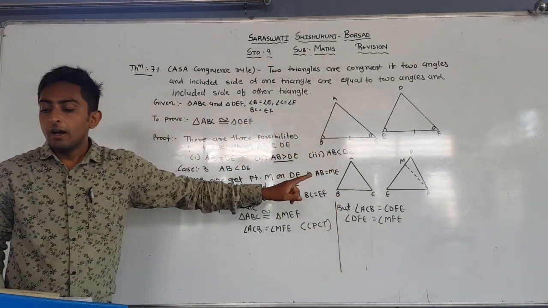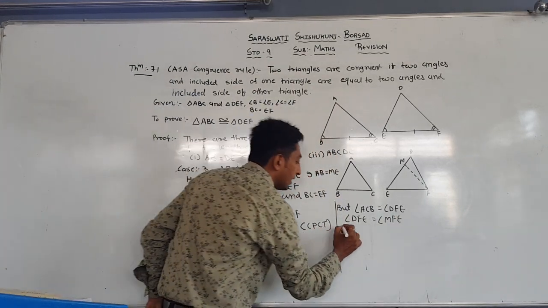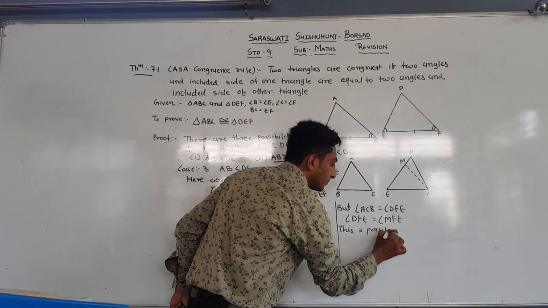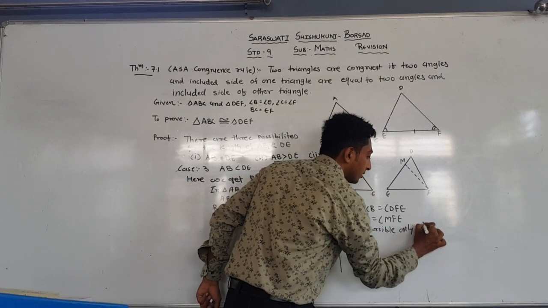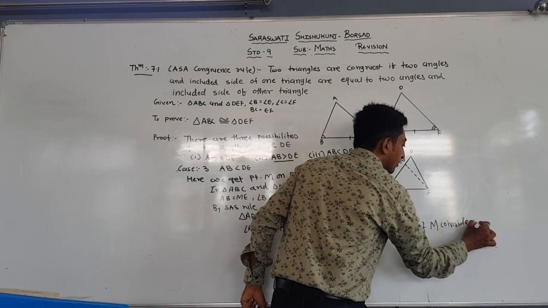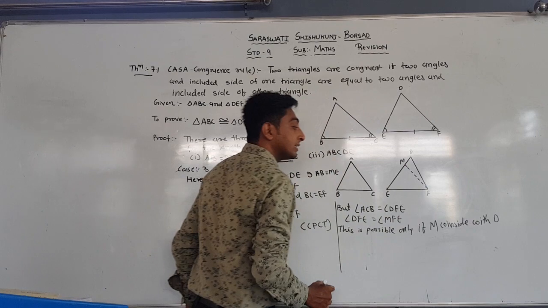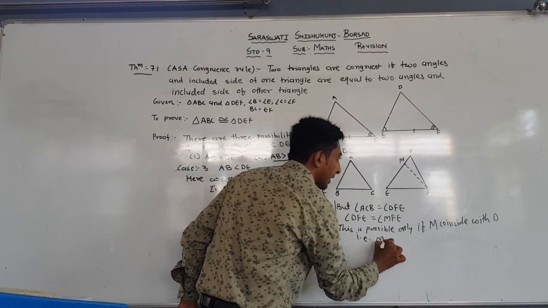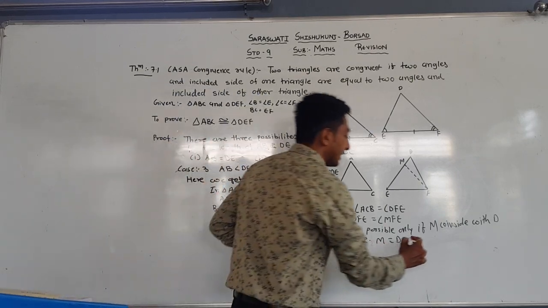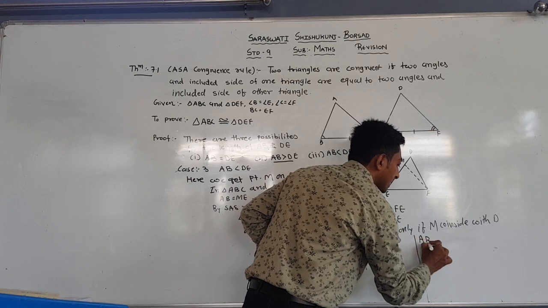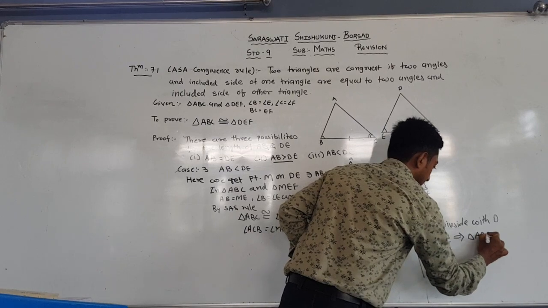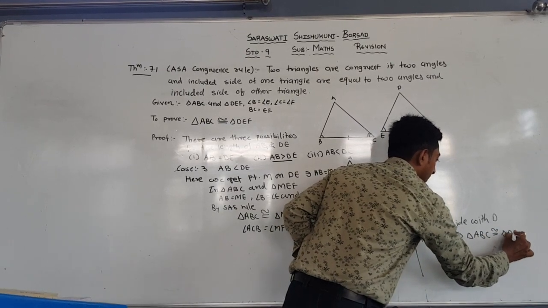When this happens, this is possible only if M coincides with D, that is M equal to D. If M equal to D, then we can say that AB equal to DE. Then we have proved that triangle ABC is congruent to triangle DEF.